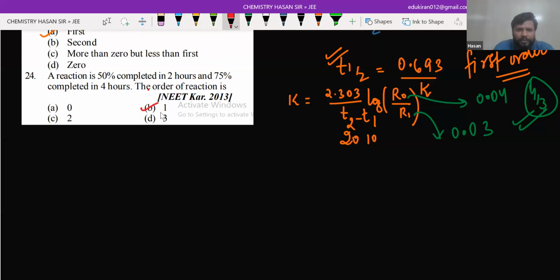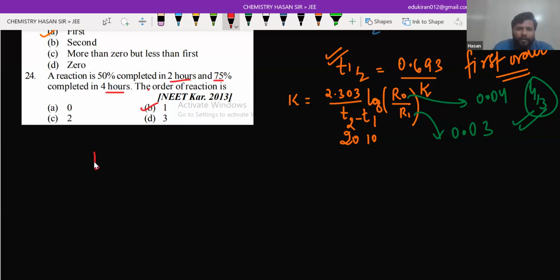Say a reaction is 50% completed in 2 hours and 75% completed in 4 hours. The order of reaction. First, you need to calculate K. After calculating K, you can get the answer.